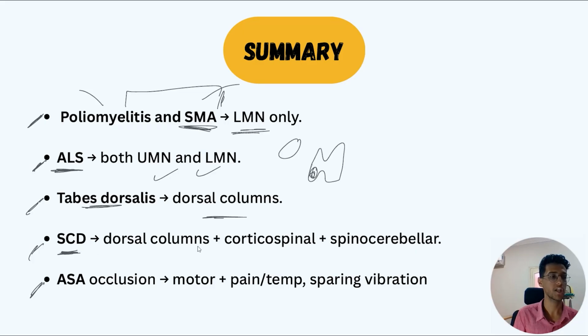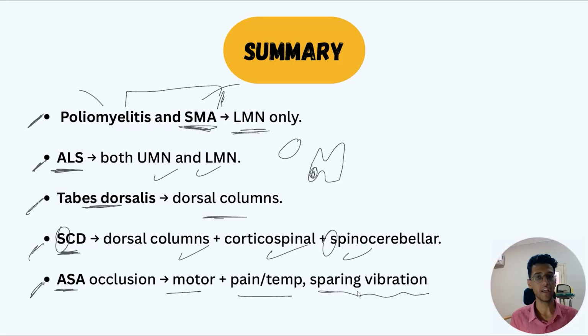Subacute combined degeneration is caused by vitamin B12 deficiency, and the dorsal column, corticospinal, spinothalamic and spinocerebellar tracts will be affected. Anterior spinal artery occlusion causes loss of motor, pain and temperature sensation, but the most important thing is that it spares vibration sensation, proprioception, fine touch and all of these functions of the dorsal column, the medial lemniscus.